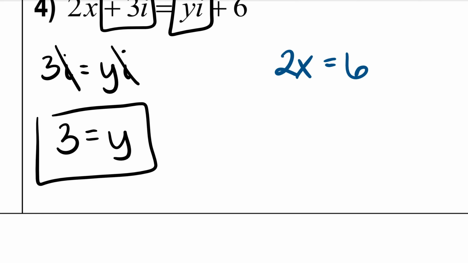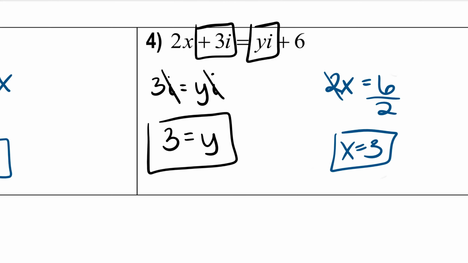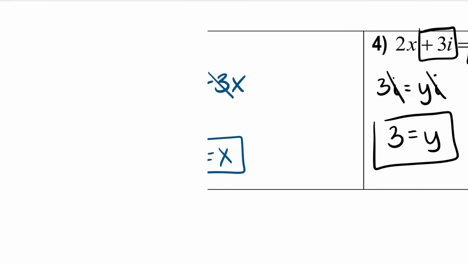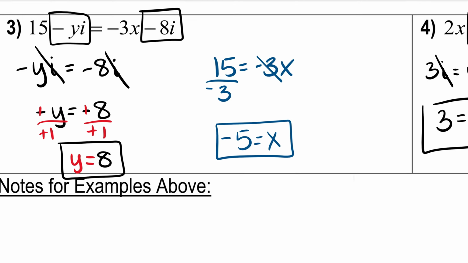And on the right, all you do is divide by 2. So I have x equals 3. And I'm done. So these are fairly simple. You just got to split them up correctly, and you have 1 or 2 steps to solve. Then that's it.